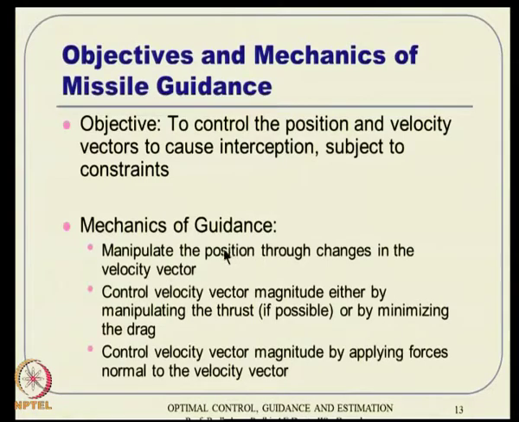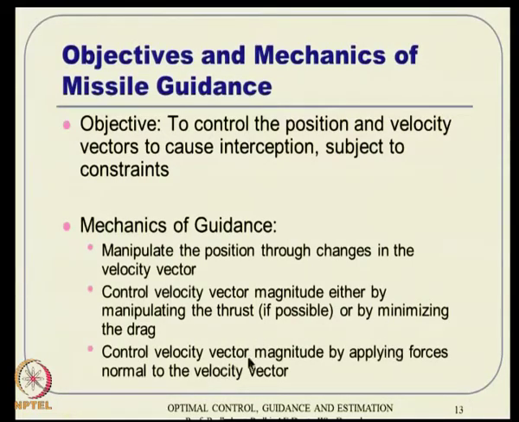But how do you do the changes in velocity vector? That is through the control. So, you control the velocity vector magnitude either by manipulating the thrust if possible, or by minimizing the drag also. That is the way of doing that, but that is only for range enhancement and things like that actually.